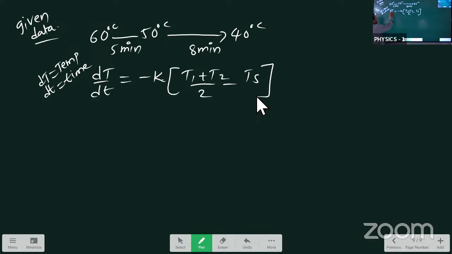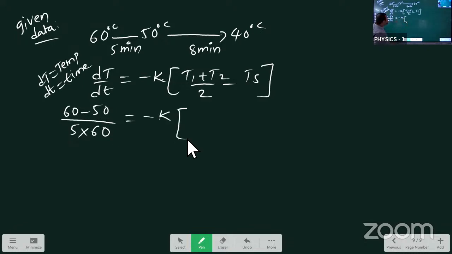Now see, dT indicates the difference between temperatures: 60 minus 50 over time 5 minutes. You know 1 minute equals 60 seconds. Equals minus k times (T1 plus T2) by 2, that is, (60 plus 50) by 2 minus Ts. Because we don't know Ts, the surrounding temperature.